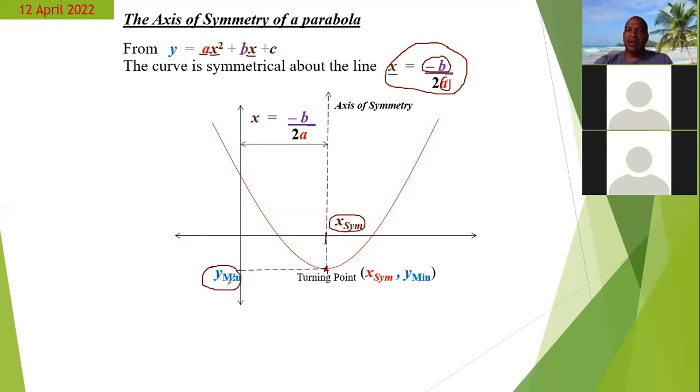Now, to calculate the Y value, you can simply substitute the X value for the minimum, for the axis of symmetry, back in the formula. So let's say you calculate X here, and X was, say, 3. When you calculate it, you get X to be equal to 3. So wherever X is in this equation up here, you're going to replace the X squared with 3 squared.